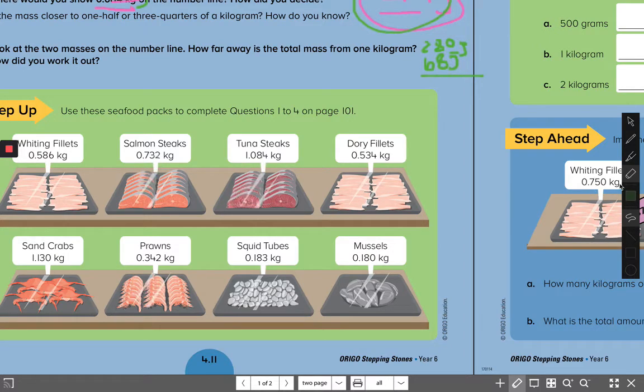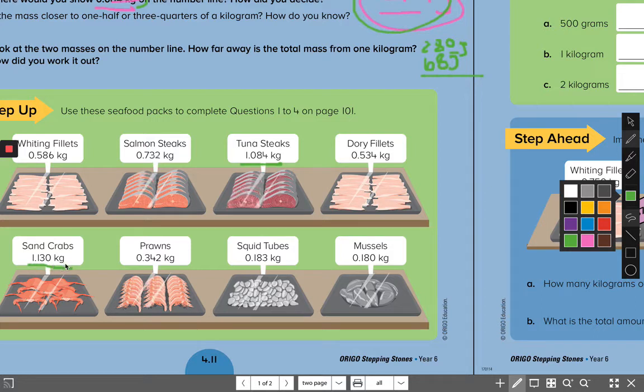So let's underline these values. So we've got this one with a kilogram and this one with a kilogram. So these two are going to be the two heaviest. So let's have a look which one out of those two is going to be the heaviest one. Well, this one is 1,130 grams.